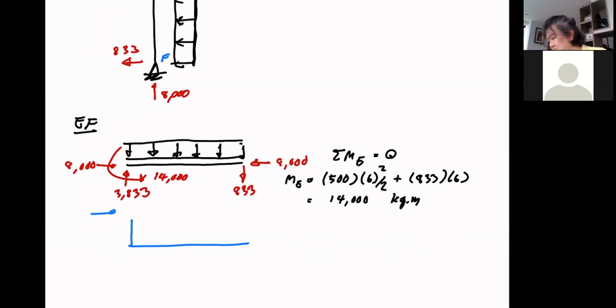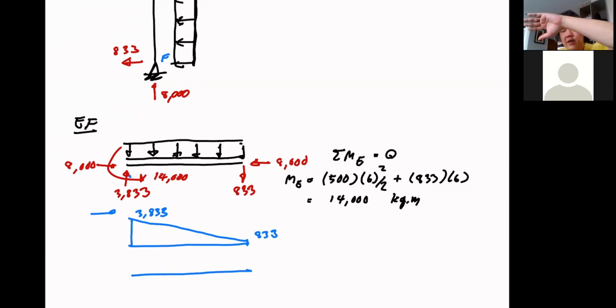So it's plus 3833 going downward. That's a downward force on the right, so it means it's a positive shear, right? You have a little bit left there, 833, and your bending moment diagram begins from a negative value because it's counterclockwise on the left.